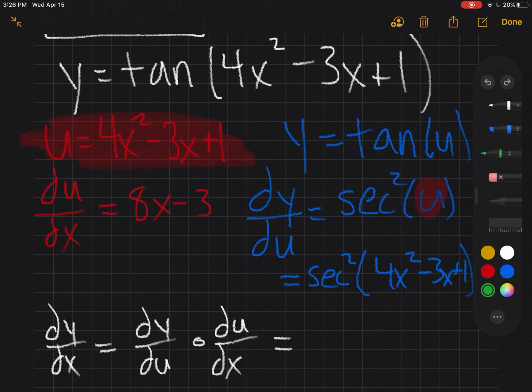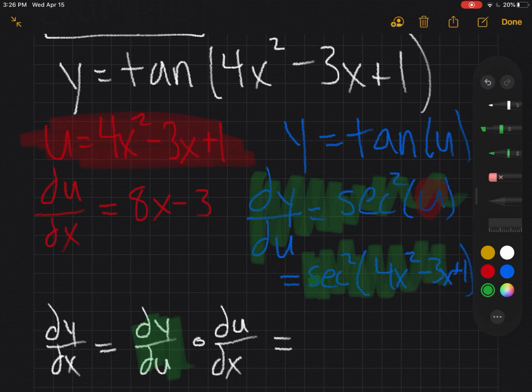Beautiful. Now we're ready to go ahead and use our chain rule, which tells us that the derivative of y with respect to x equals the derivative of y with respect to u times the derivative of u with respect to x.